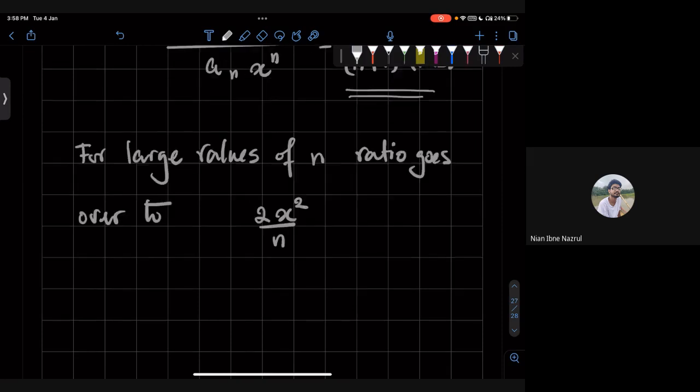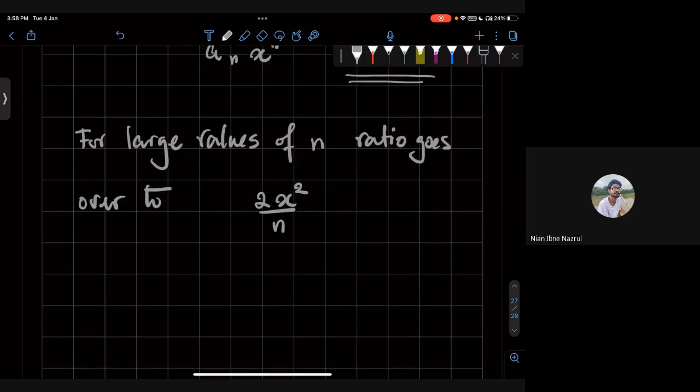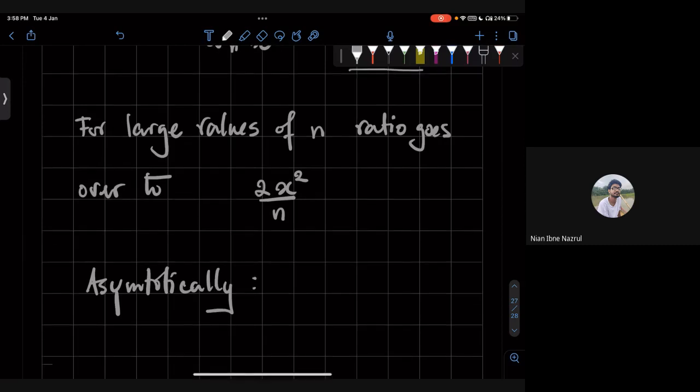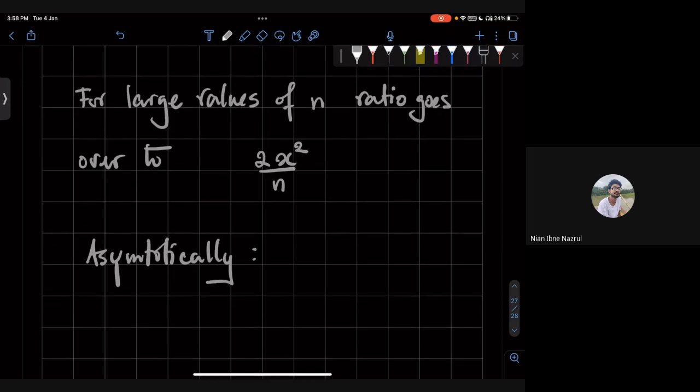So for large values of n, this is a convergent series, and asymptotically we can say that our series looks like this. Sum over, this is asymptotically, okay?